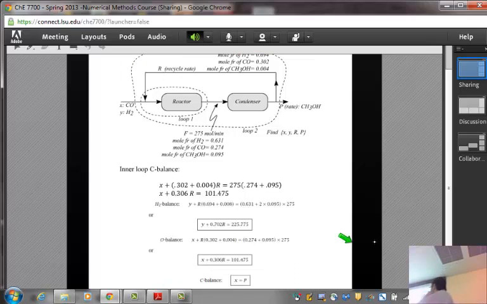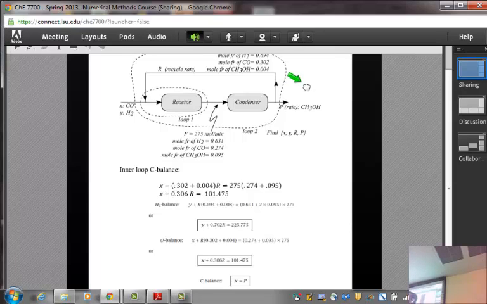So you understand the very first equation, x plus 0.302 plus 0.004 r equals this. So x is the carbon that is coming in, the rate, so many moles per hour, per minute, whatever. And these are the recycle stream that comes in, containing 0.302 and 0.004, one carbon in CO, one carbon in methanol. So add that multiplied by the recycle rate.